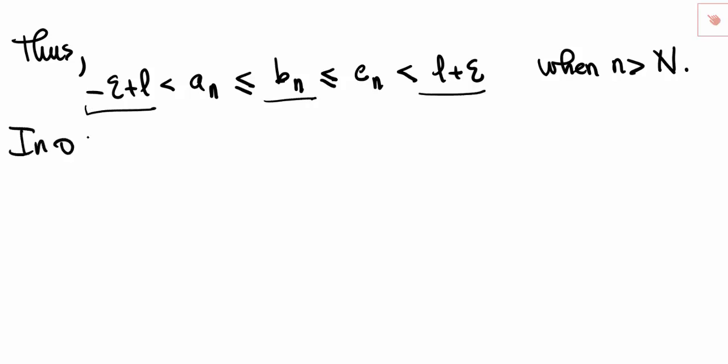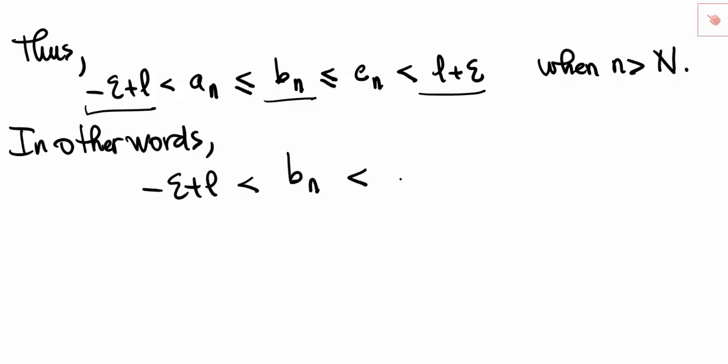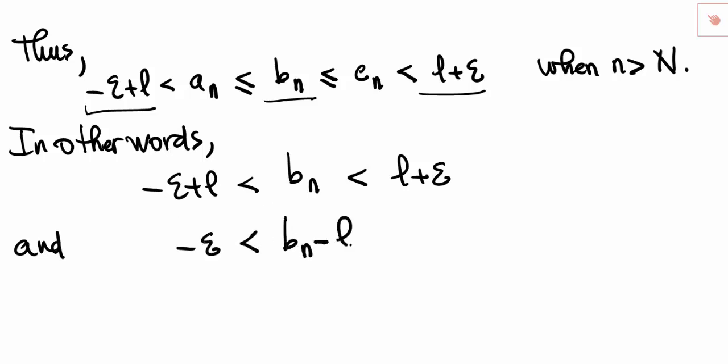In other words, negative epsilon plus L is less than Bn, which is less than L plus epsilon, and subtracting L everywhere gives that negative epsilon is less than Bn minus L, which is less than epsilon.